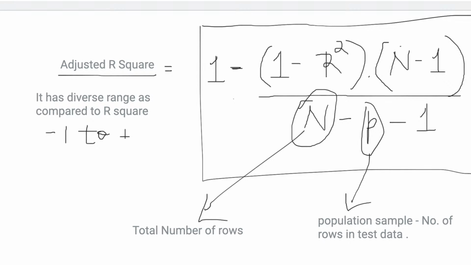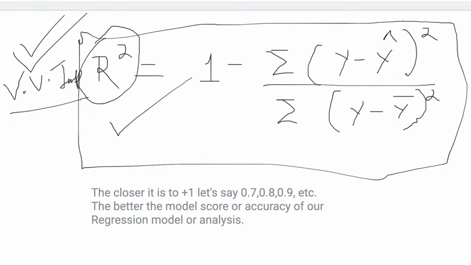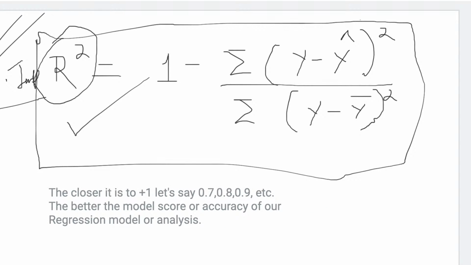The interviewer will definitely ask you why you are preferring adjusted R square over R square when it comes to regression analysis. R square is the R square that we calculated and discussed in the previous slide.